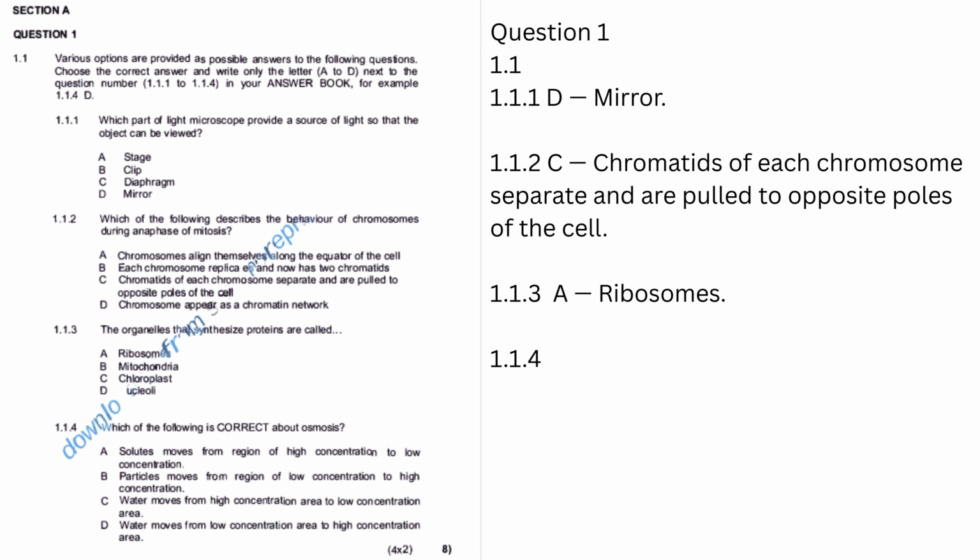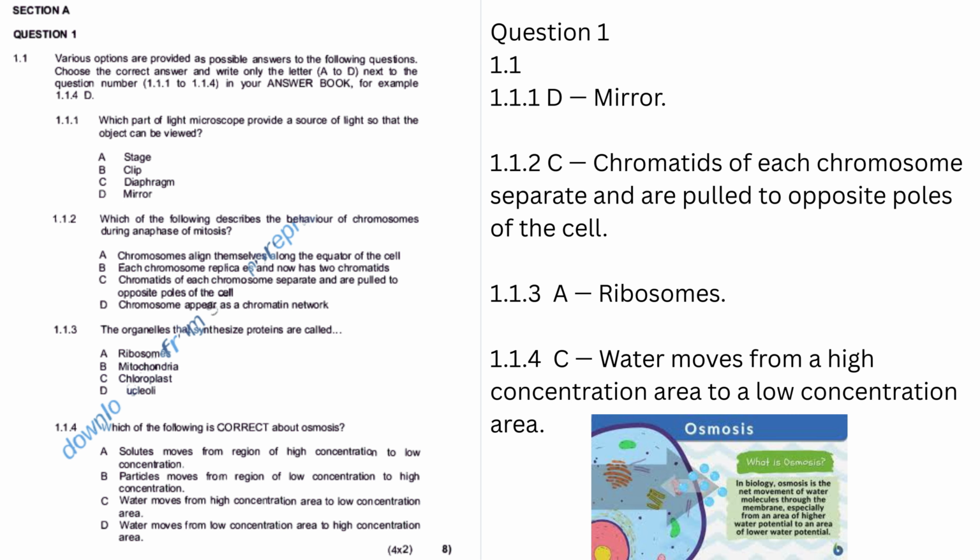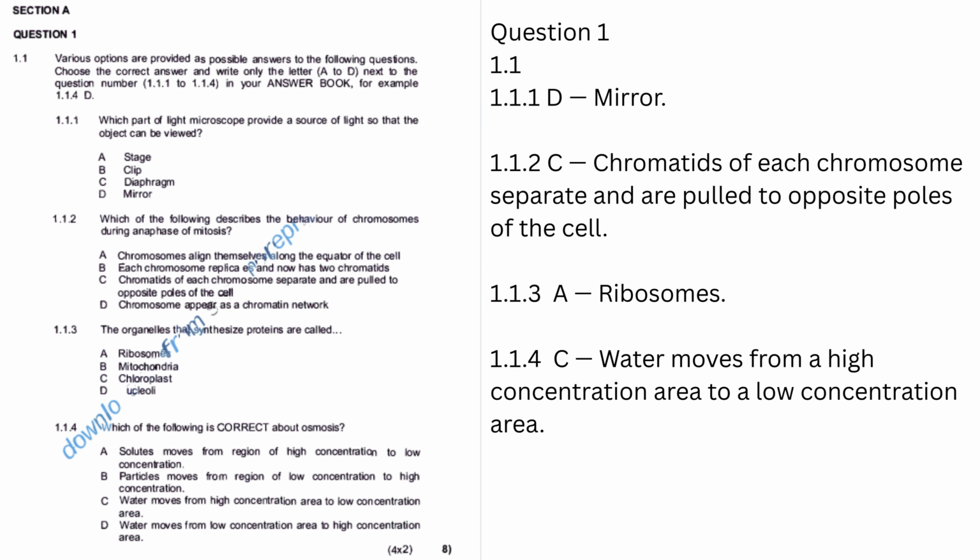Question 1.1.4. Which of the following is correct about osmosis? The answer is C. Water moves from a high concentration area to a low concentration area. Why is that? Because osmosis is just the movement of water. That's it, only water.